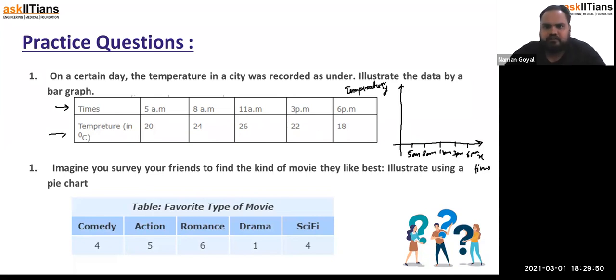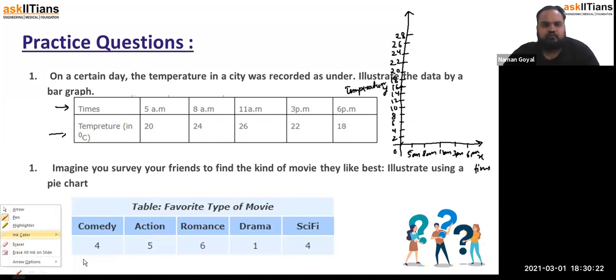I have less space, so we can start this from 2. You can start it from 2: 2, 4, 6, 8, 10, 12, 14, 16, 18, 20, 22, 24, 26 and 28.